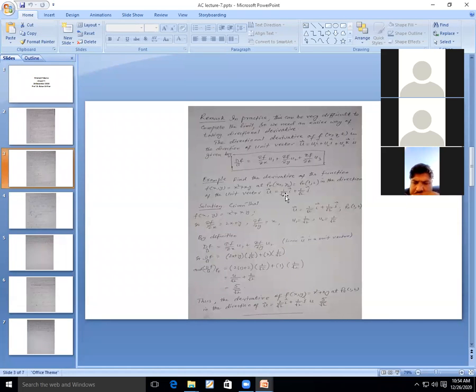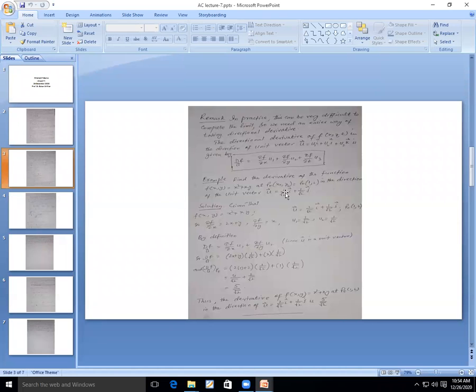Now using the formula, by definition, the directional derivative of f in the direction of unit vector u is del f over del x times u1 plus del f over del y times u2.